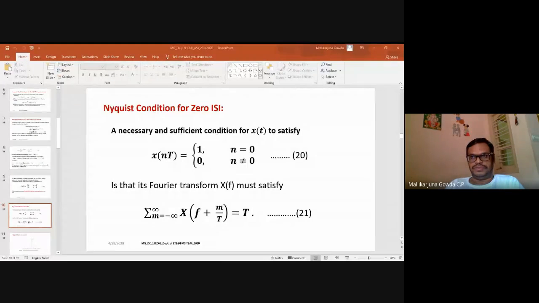So you need to switch the visualization of those pulses from continuous time to discrete time. But it is a very interesting and important topic for understanding the design of any digital communication system, about the transmitting filter, receiving filter, and channel. So we are talking about the pulse shape.